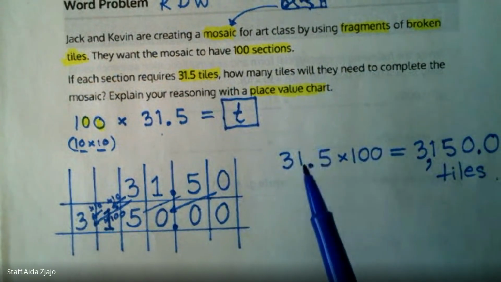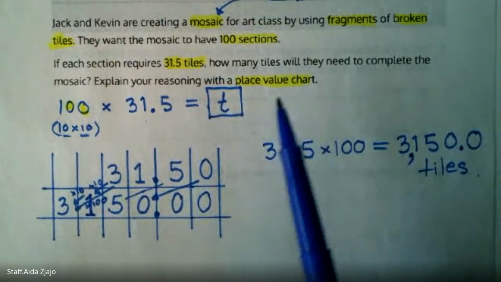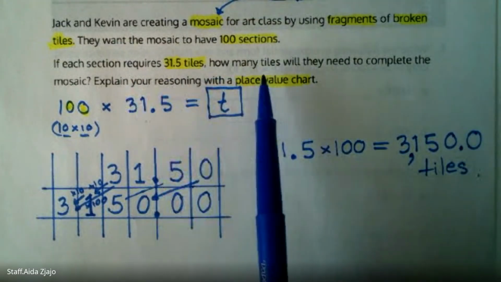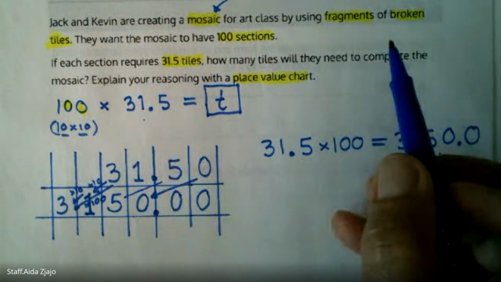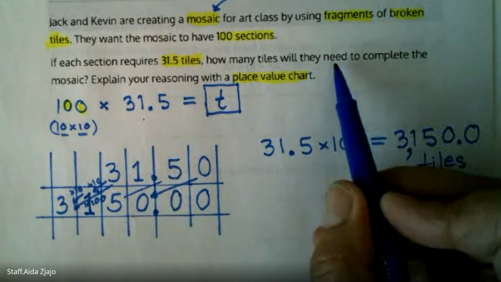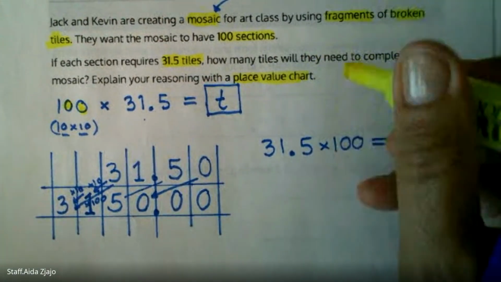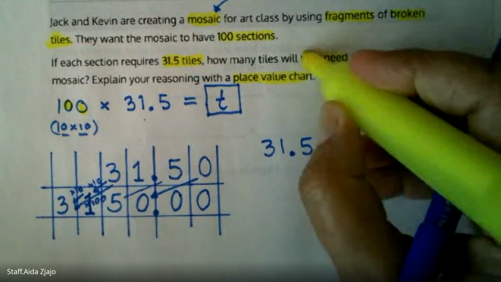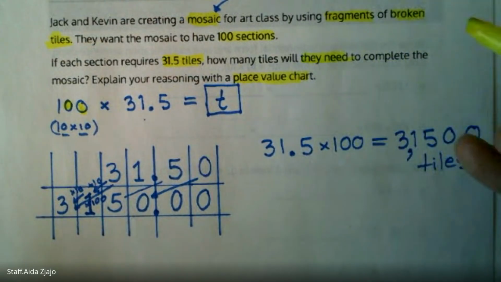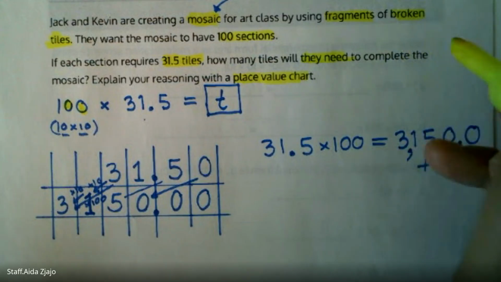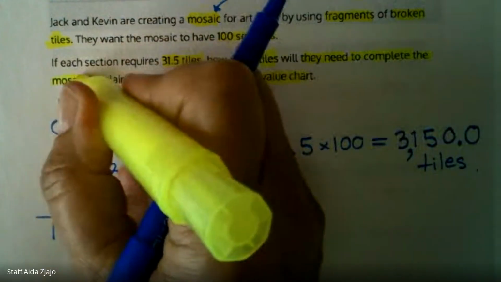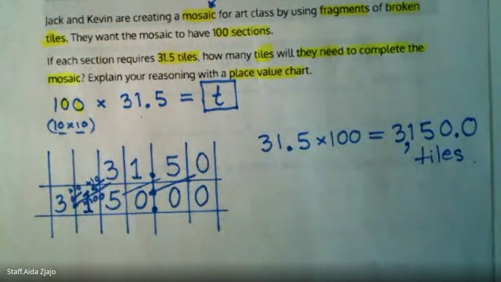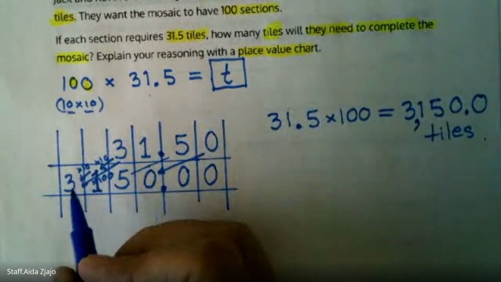So now I need to write the answer. How many tiles will they need to complete the mosaic? I will use the language from the question: they will need 3,150 tiles to complete the mosaic. So that language I'm going to use to rewrite my statement.